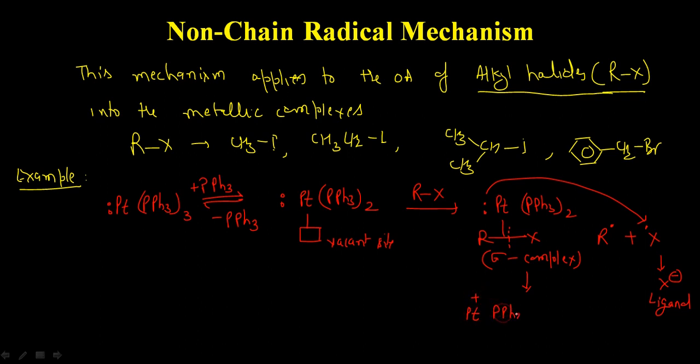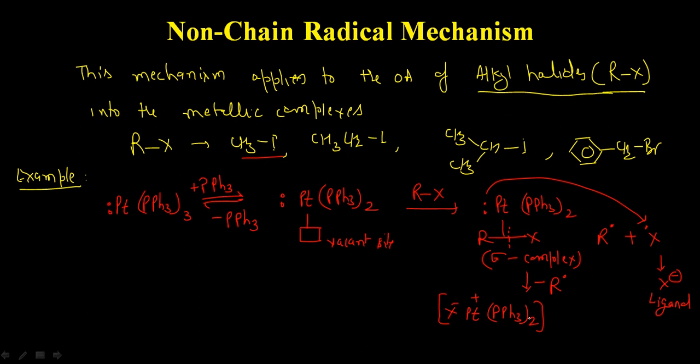We have 2 units of triphenylphosphine and one X negative ligand coordinated to it, and here we have one alkyl free radical generated. If we are adding methyl iodide, this R radical will be a methyl radical. In case of ethyl iodide, it will be an ethyl radical.